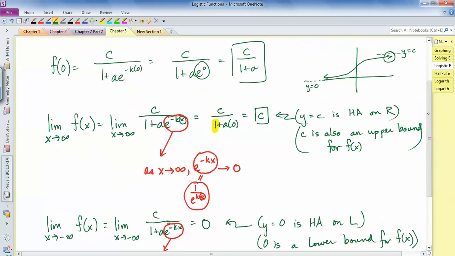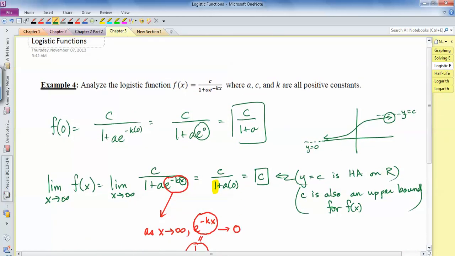And then one other thing that we figured out here, the initial value: when x is 0, y is c over 1 plus a. It depends on whatever number is right there. If it's 2 on the bottom, then it'll be 2 plus a. Okay, hope that helps.